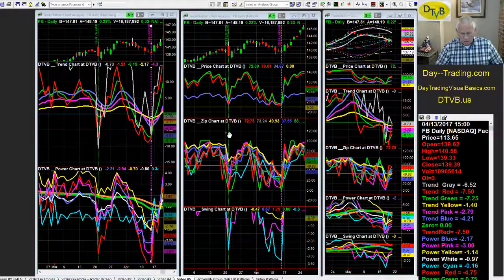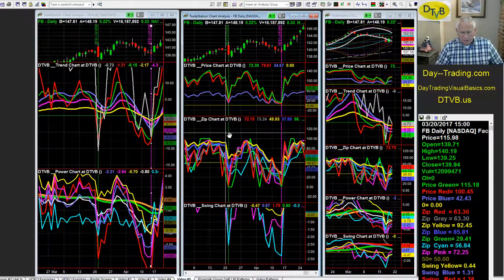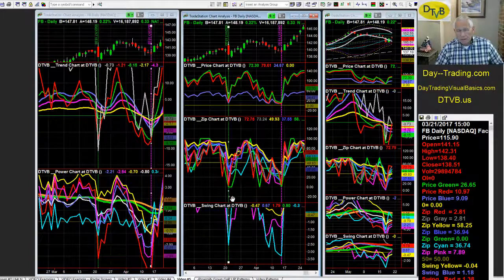For example, on this day right here, the day before the green vertical line, we have zip red at 63, and the day before it was down at 21. So it went from 21 to 63, and then on the green vertical line day, zip red was 2. So zip red dropped 61 points in one day. That's what we refer to as a spike.